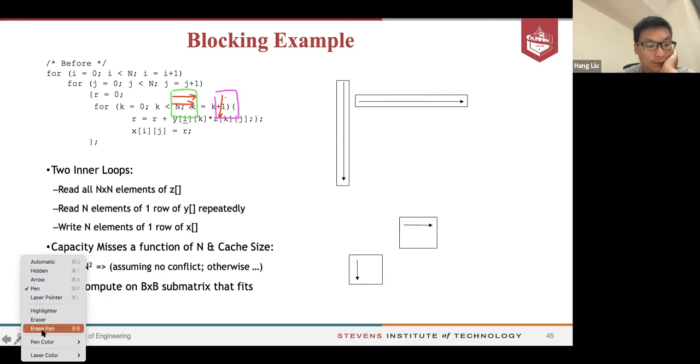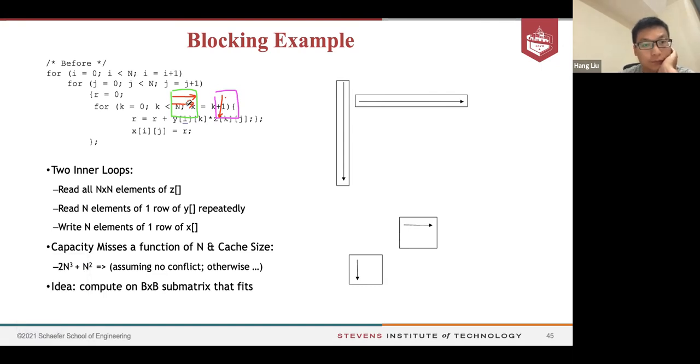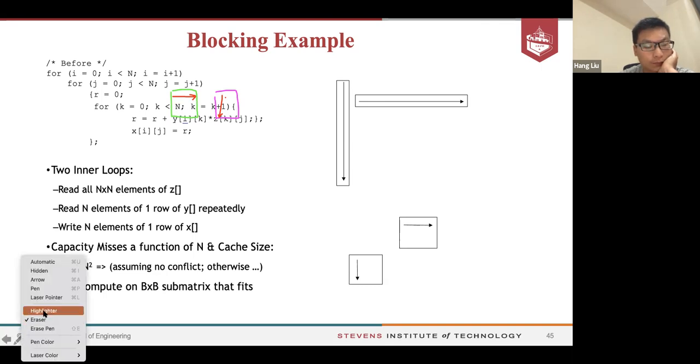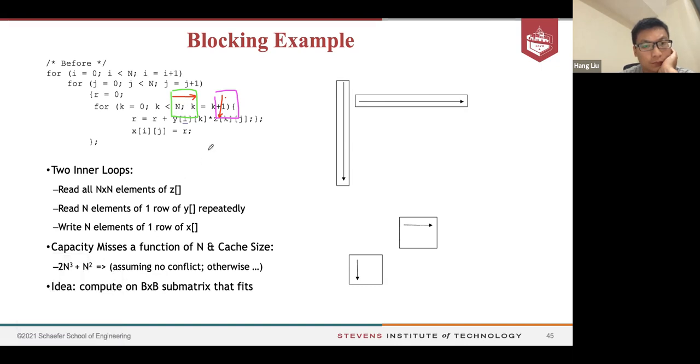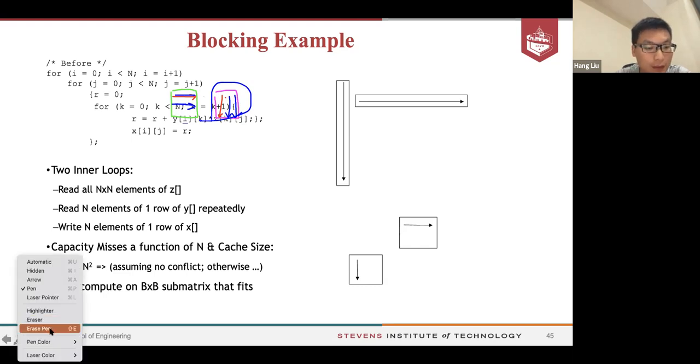Not really. We're going to do all of those z's, right? And then when we come back, we do the second row and access all of those again. So this is going to be a problem because all the accesses of the row and the column are never being reused.